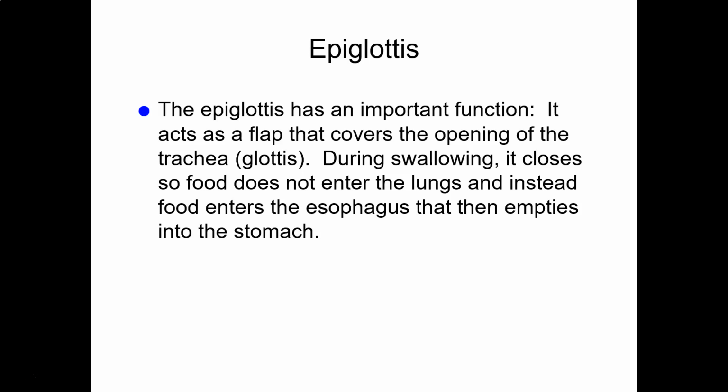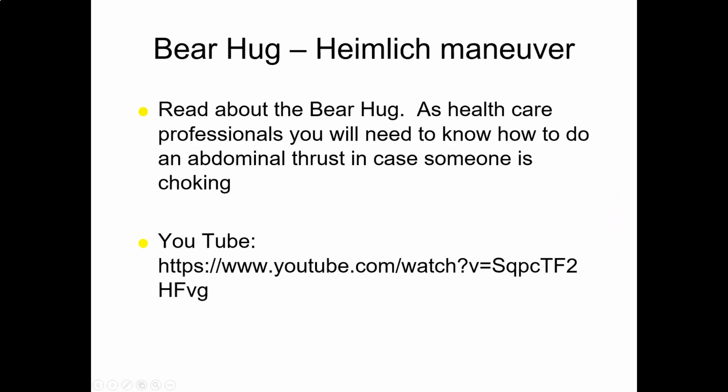In the elderly population, that flap becomes weakened, and you'll hear them talk about the elderly aspirating water or liquids. That's because that flap has gotten weak over age, and they're more likely to aspirate fluids. So that's why you have to be real careful.